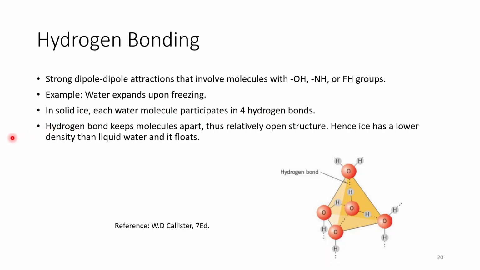The hydrogen bonds keep molecules apart, thus giving a relatively open structure in ice. Hence, ice has a lower density than liquid water, so it floats. This is the structure of ice. The formation of this hydrogen bond makes an open type of structure and density reduces.